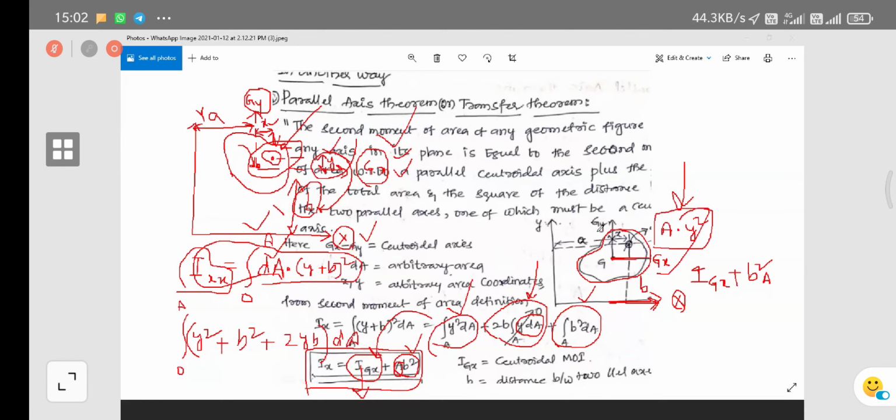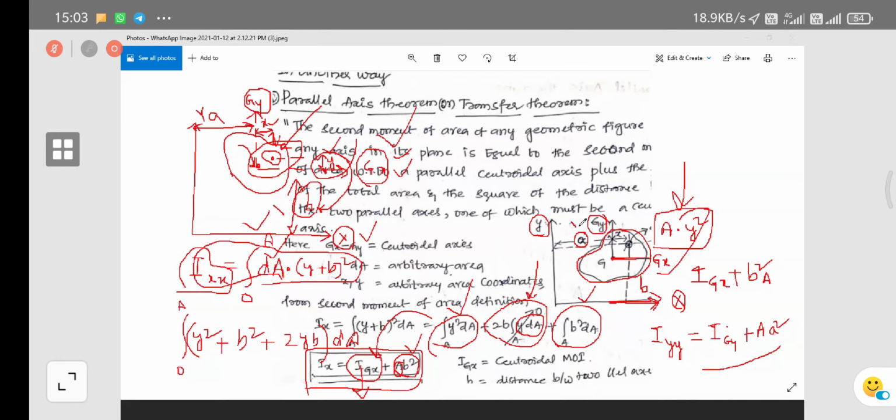And also another two parallel axes, gy and y, are deviated by distance a. That is found with respect to the y axis. So the moment of inertia about the y axis is the centroidal moment of inertia about the y axis plus area into the square of the distance between those two parallel axes, y and gy.